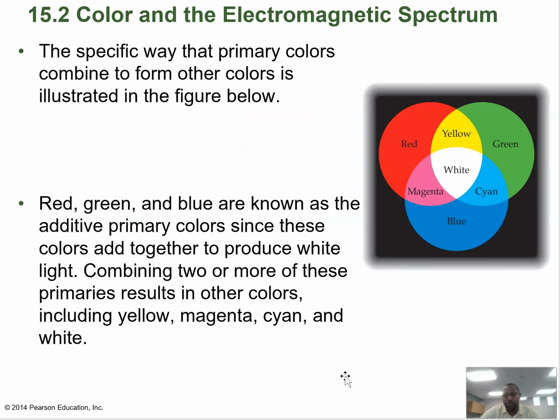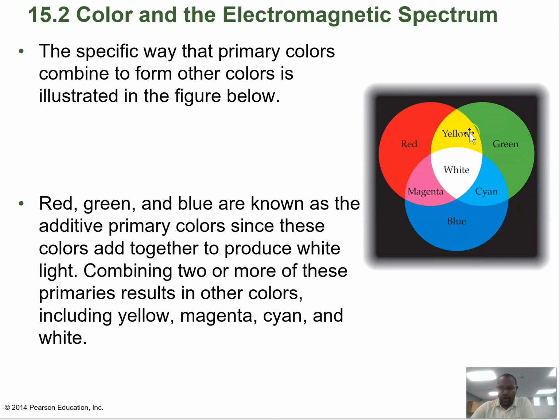So the specific way that the primary colors combine to form other colors is illustrated in the figure that you see here. Outside, you see there is a red, green, and blue. The outside rings are the primary colors. When you mix red and green in equal proportion, you find yellow.